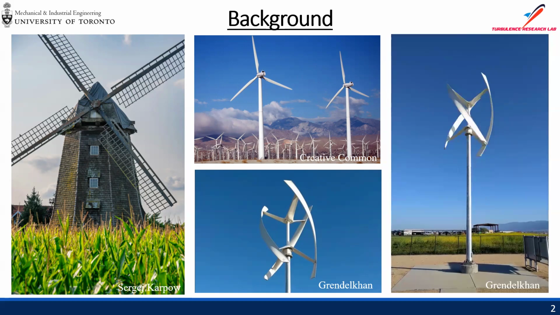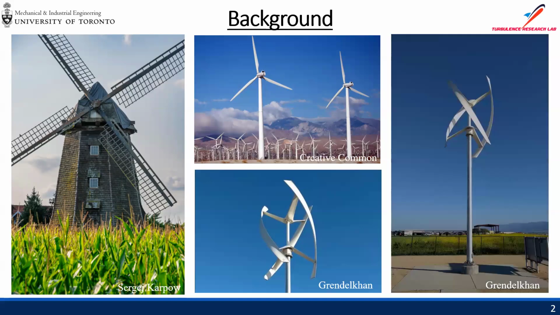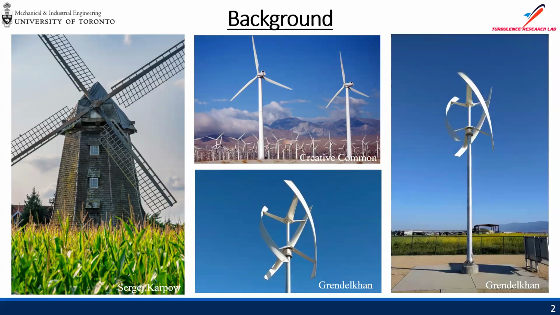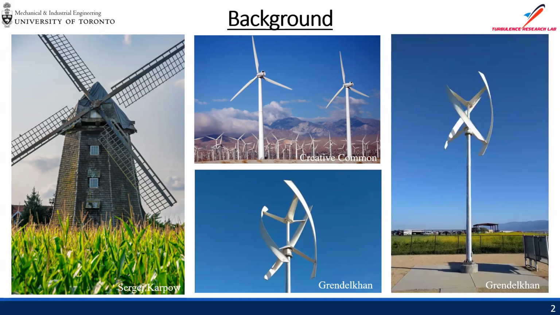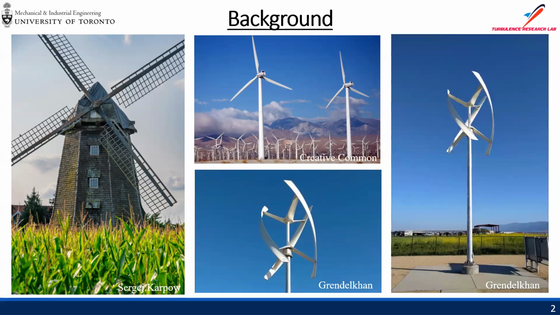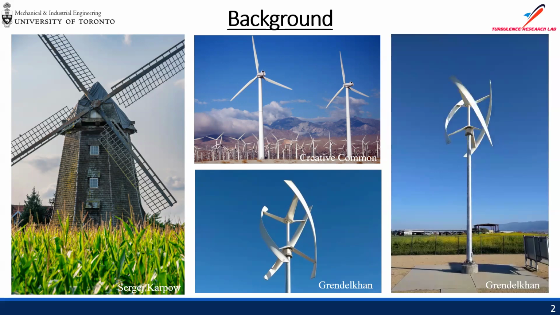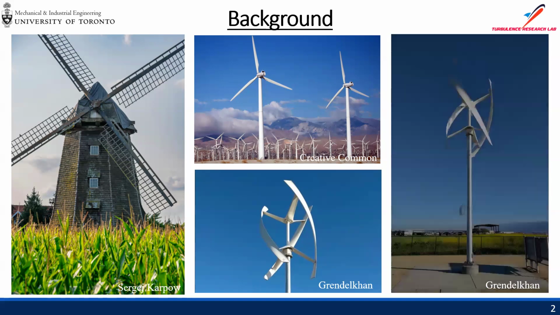However, we don't see vertical axis wind turbines that much, because even though the wind direction doesn't matter, the efficiency is actually lower than a well-placed traditional horizontal wind turbine. And it also doesn't scale well when you try to increase the scale.